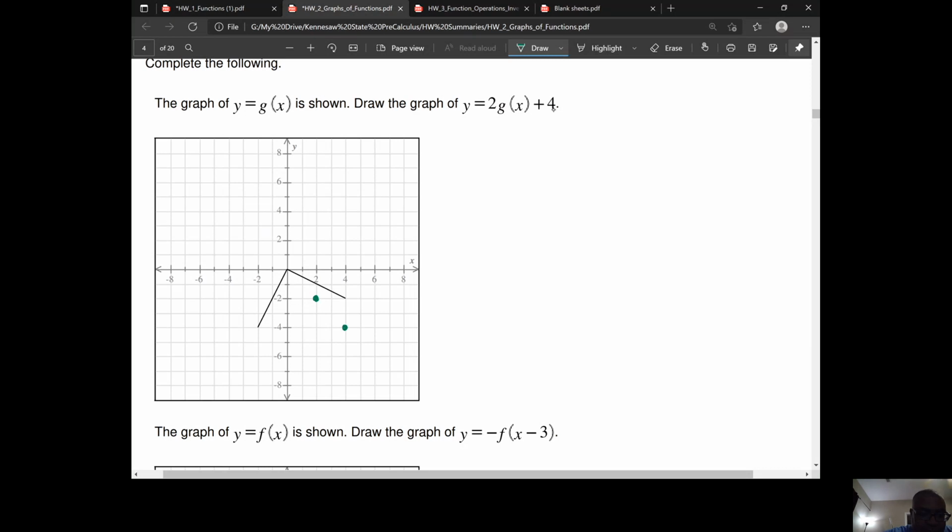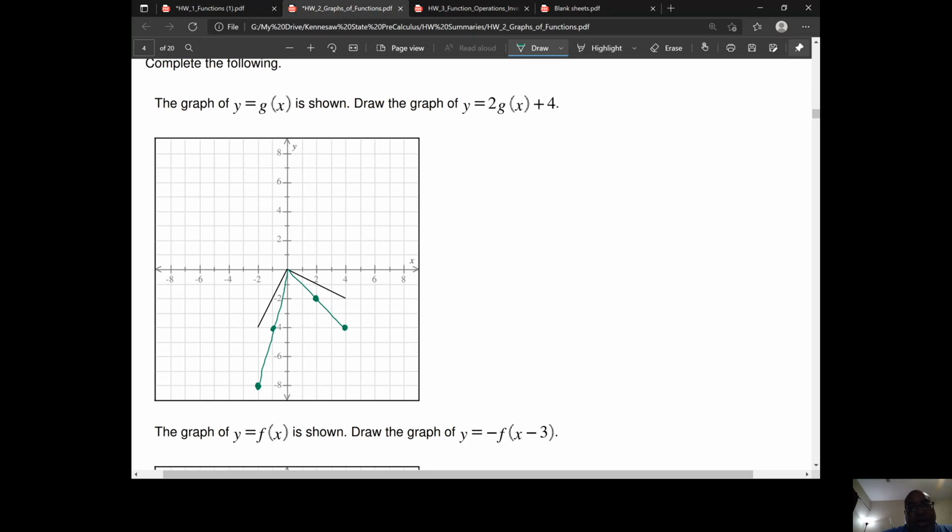I'm multiplying the y values. 2 times -2 is -4. 0 just is 0. And -4 becomes -8. So the first transformation is this. This just deals with the 2.